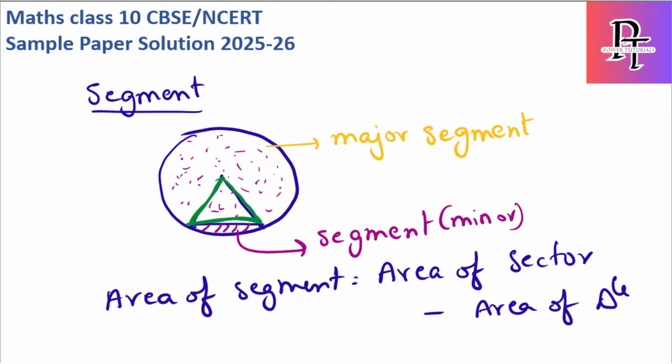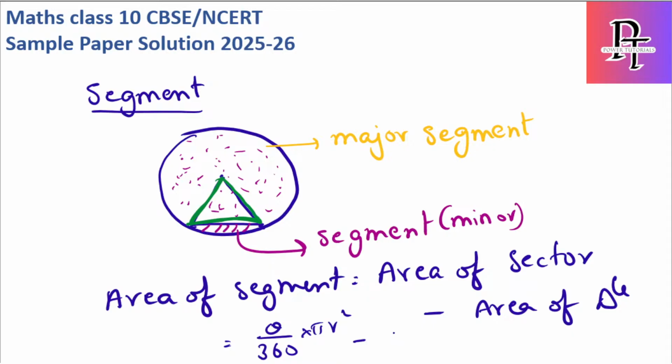So hope everyone is clear what is a segment, area of sector, area of triangle. The formula is simple: area of sector we already know, which is theta by 360 into pi r square, minus area of triangle.